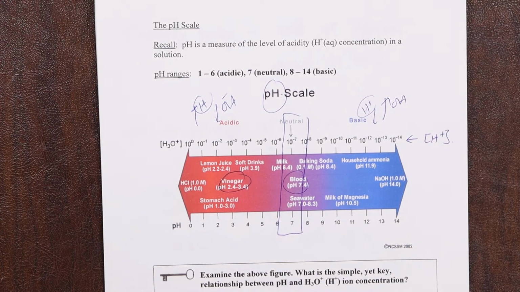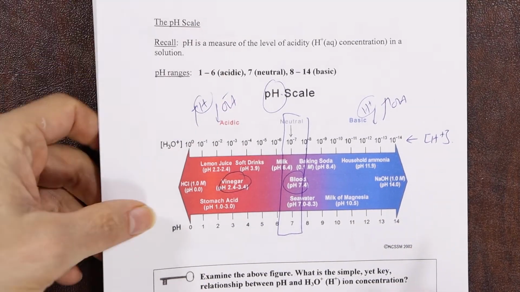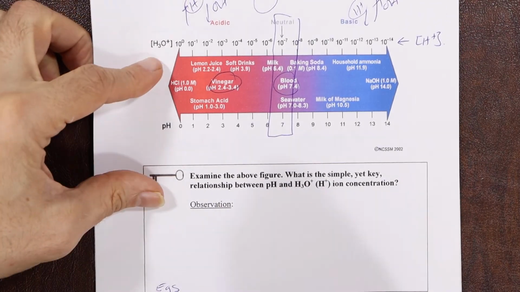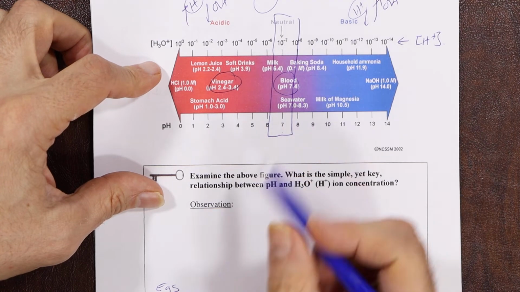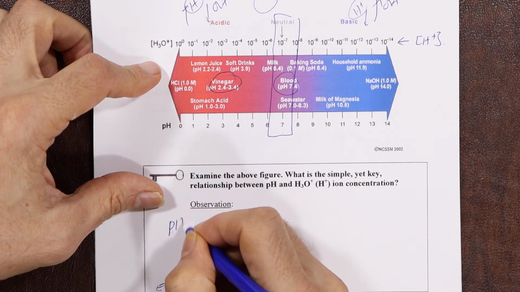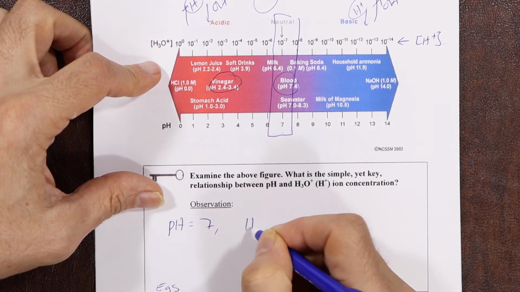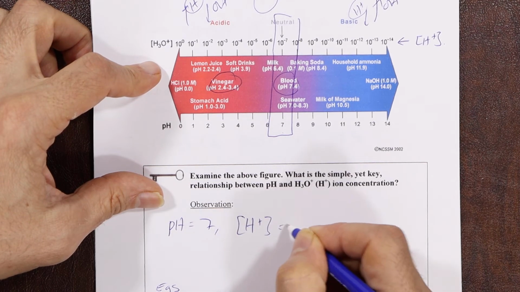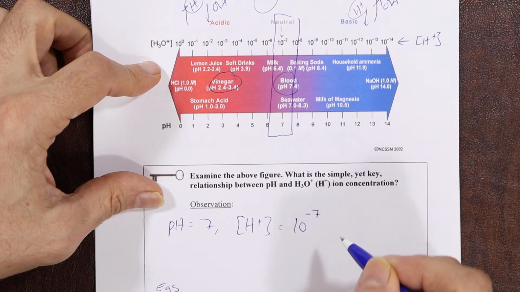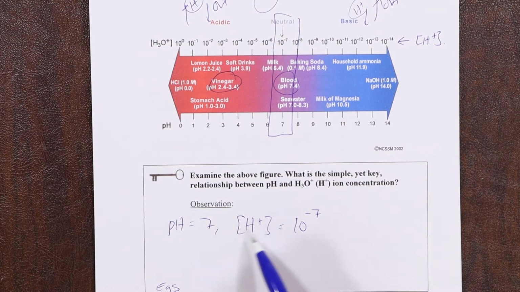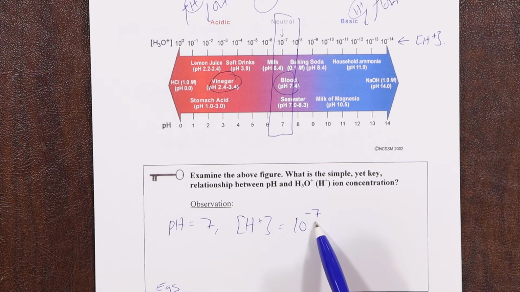Now, what I want to bring your attention to is that there's a relationship between the concentration of H plus and the pH. Let's just look at neutral here. For pH equals 7, the concentration of H plus equals, let's just call it, 10 to the minus 7, right? Do you see a relationship there? How would I convert pH to concentration, or concentration to pH?